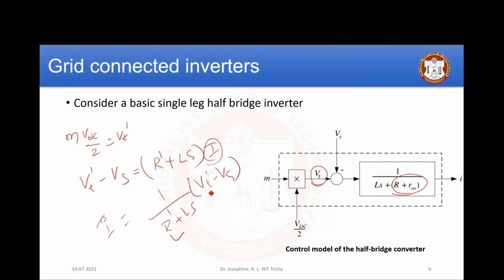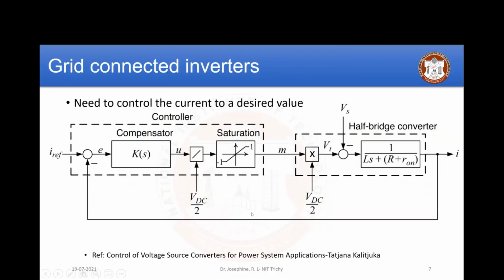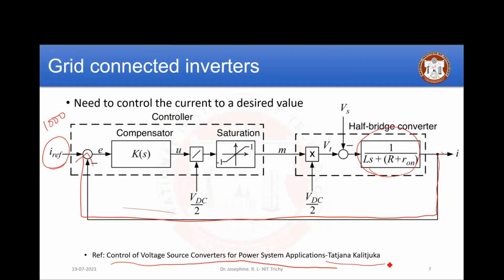Once I get I, now see, here comes the interesting thing. I have my I here. I'm sensing this I. Assume that I need a reference current 1000. You can see this model in the book Control of Voltage Source Inverters for Power System Applications.